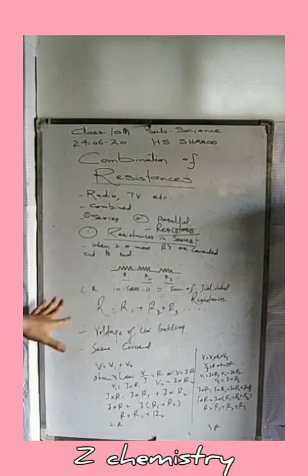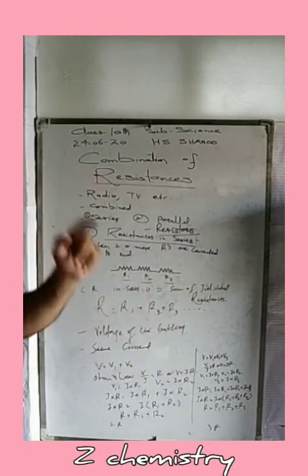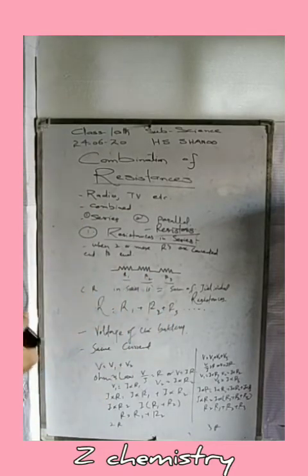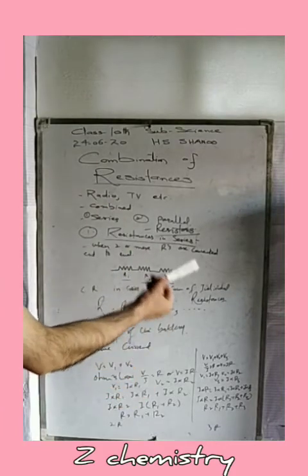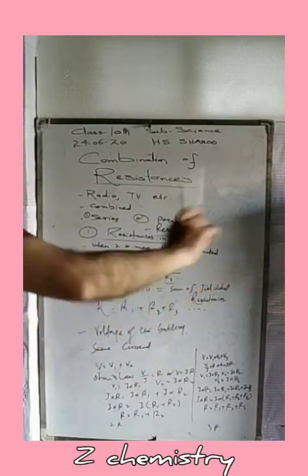That is, the combined resistance is equal to R1 plus R2 plus R3. R1 is the resistance of the first resistor, R2 the second, R3 the third, and so on.